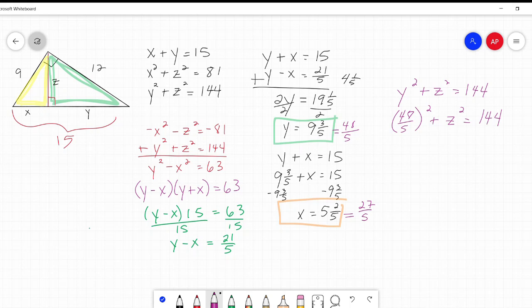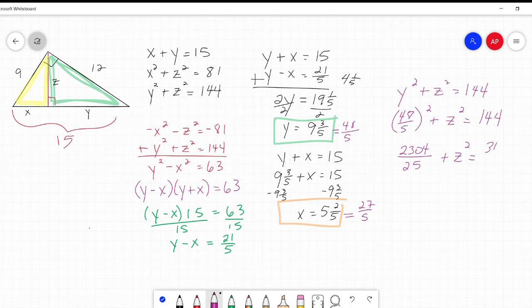Okay, 48/5 squared is 48 times 48 on top, 5 times 5 on the bottom. 48 times 48 is 2,304. 5 times 5 is 25, plus z squared. And I'm going to convert this 144 into 25ths just to make it a little easier here.